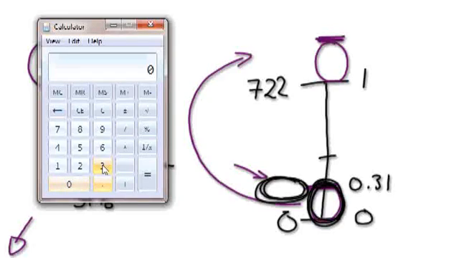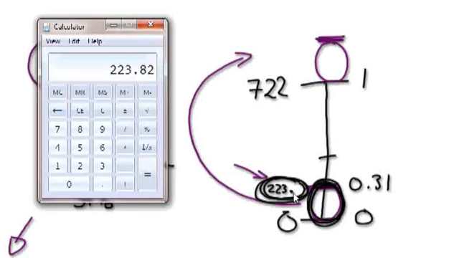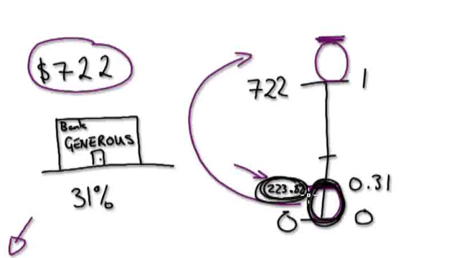So 0.31 times your original amount, which is $722. That would be 223.82.